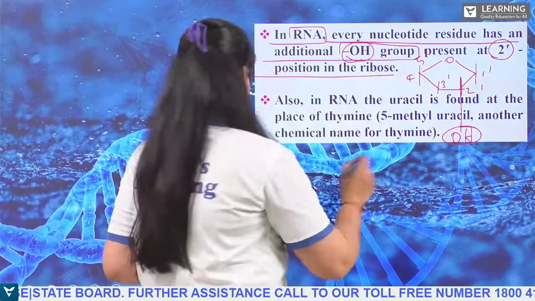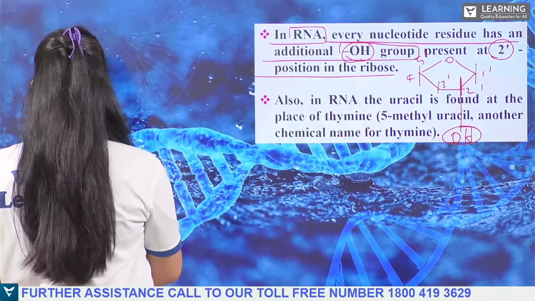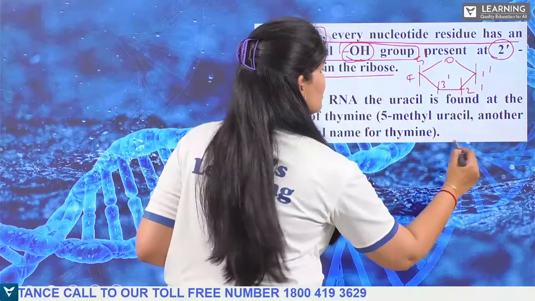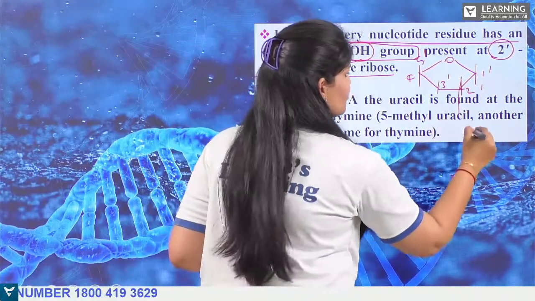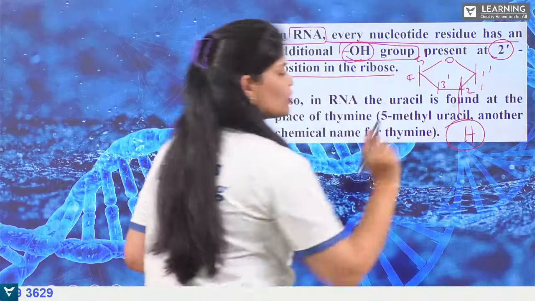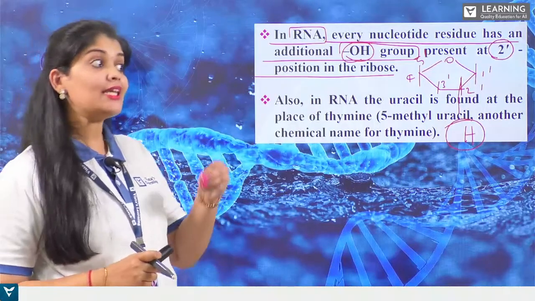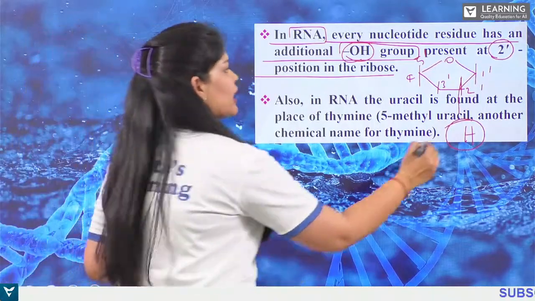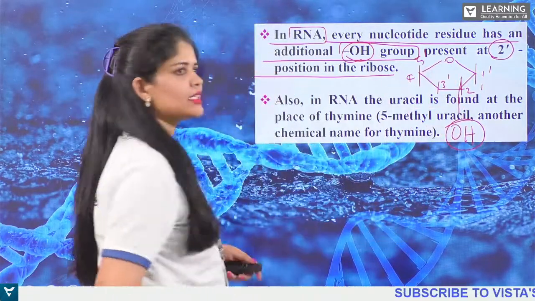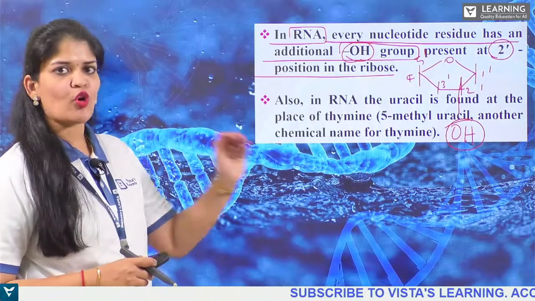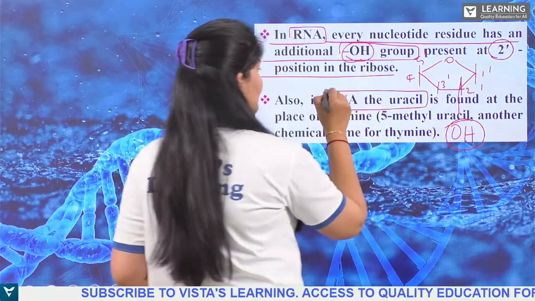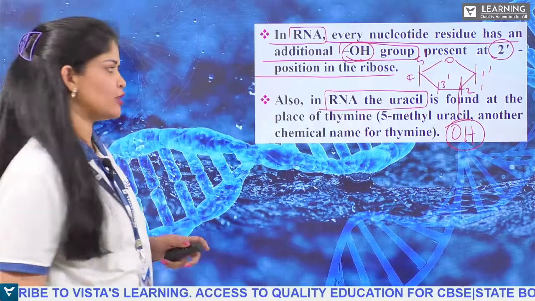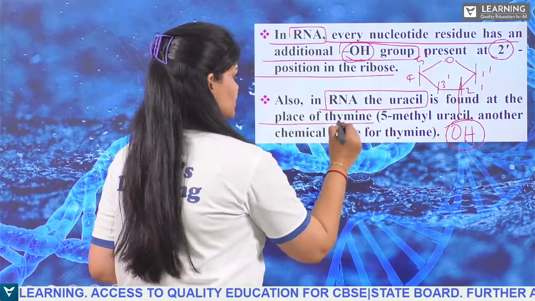And in the DNA, we have only H, deoxyribose, but a hydroxyl group is present in the sugar, that is ribose, of the RNA. Also, in RNA, uracil is found in place of thymine.